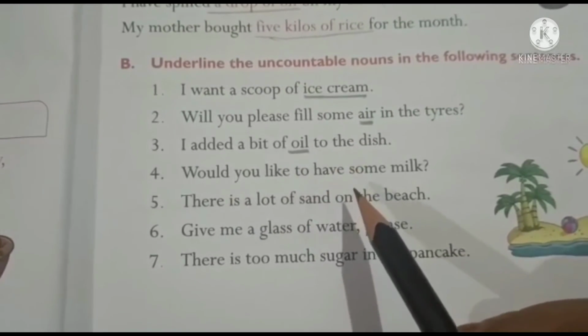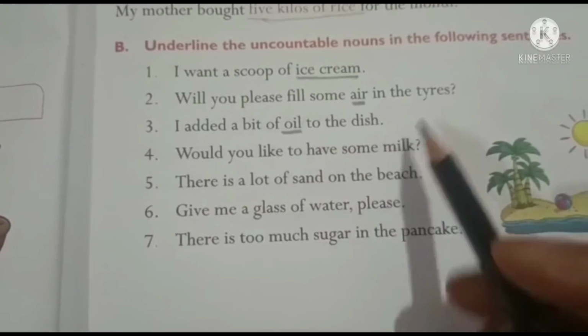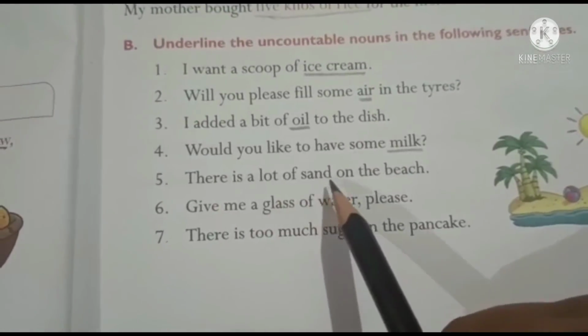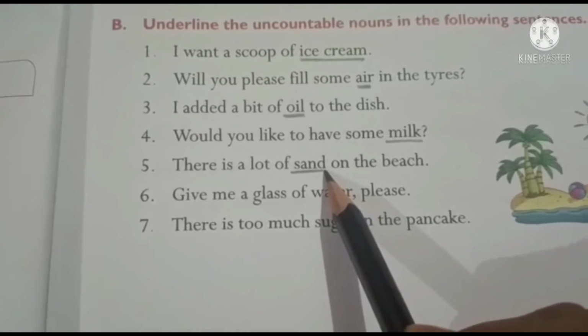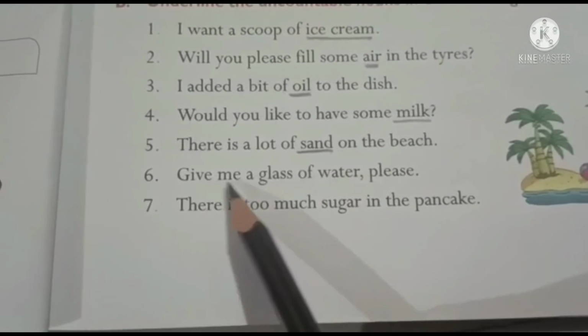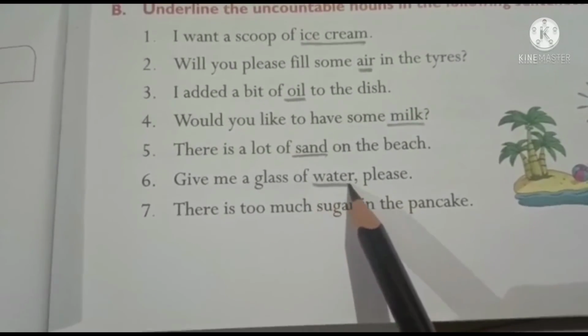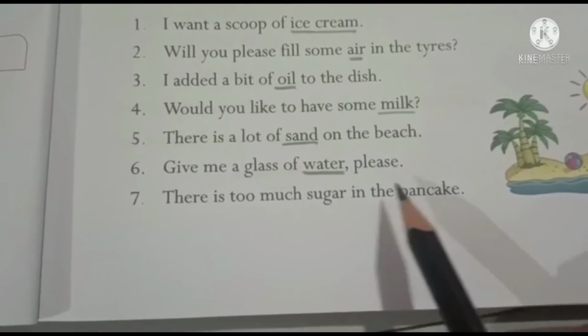Oil. We cannot count oil or any liquid items, children. Would you like to have some milk? Milk is uncountable. There is a lot of sand on the beach. Sand is uncountable. We cannot count sand. Give me a glass of water, please. Water is uncountable. Underline. There is too much sugar in the pancake. So sugar is uncountable.